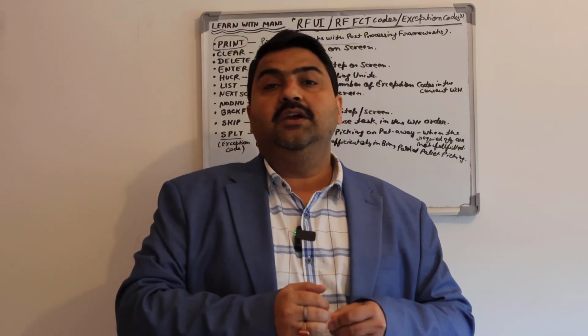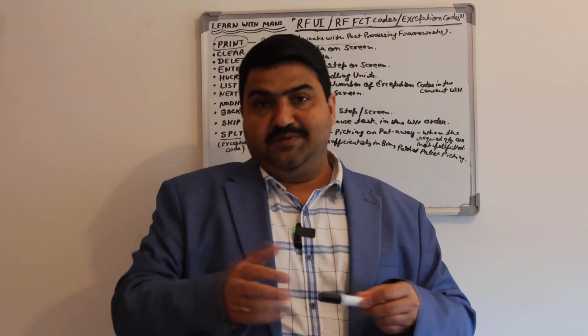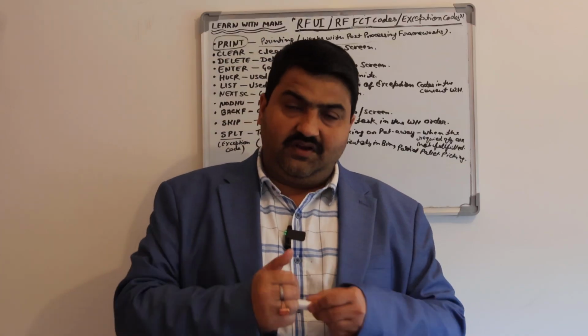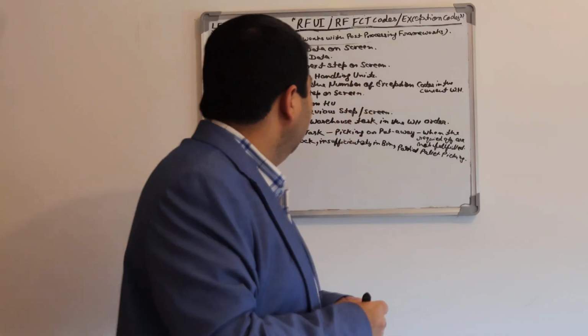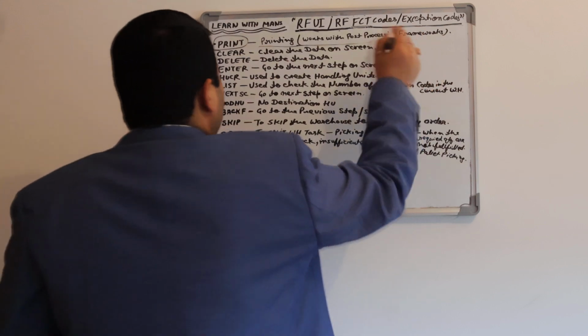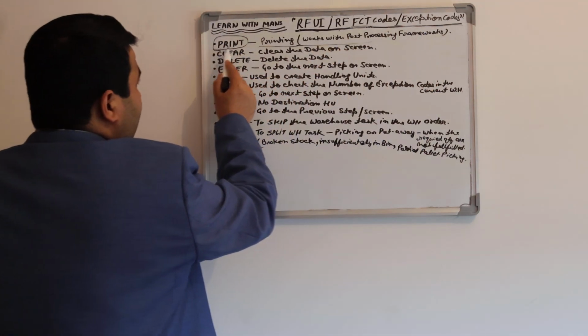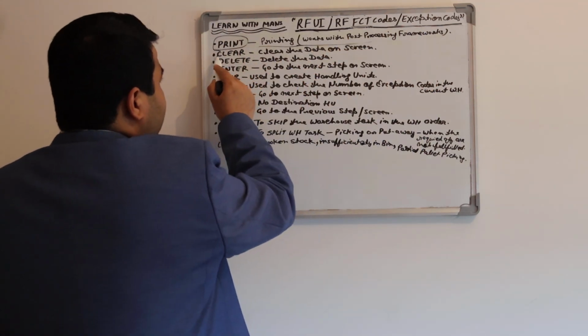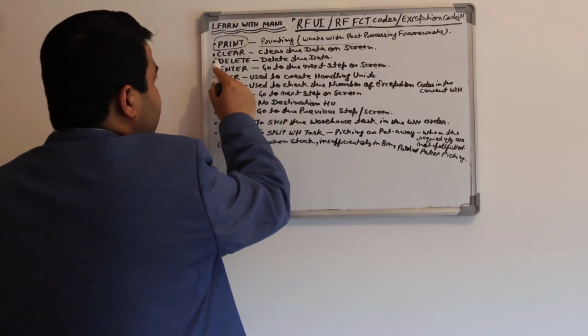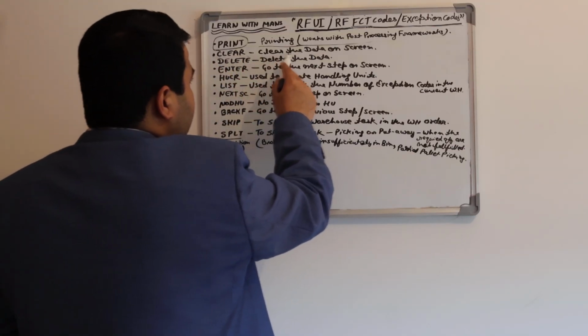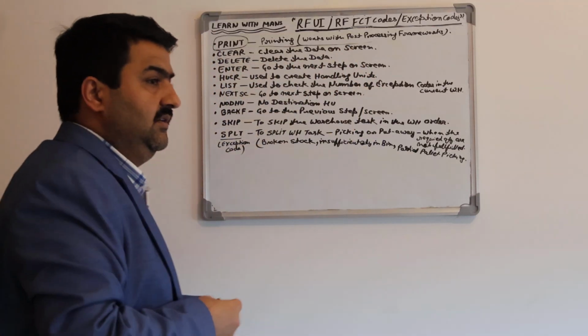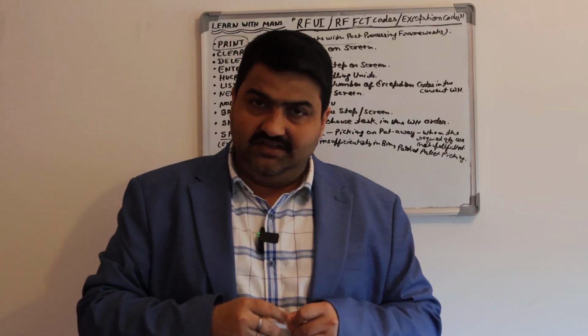If you want, you can refer to my book on the post processing framework. So the first FCT code is PRINT. Second, we have CLEAR. We use this FCT code to clear the data on the screen.